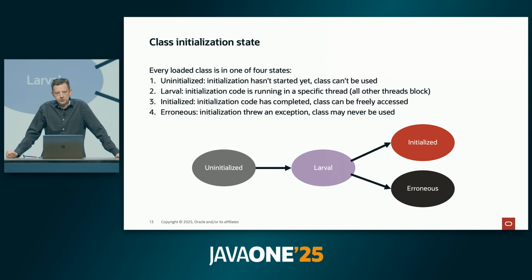During execution in the larval state, there's a lock on the class, so any other thread that tries to access the class has to block until initialization completes. But code in the current thread is able to freely interact with the class and its state.